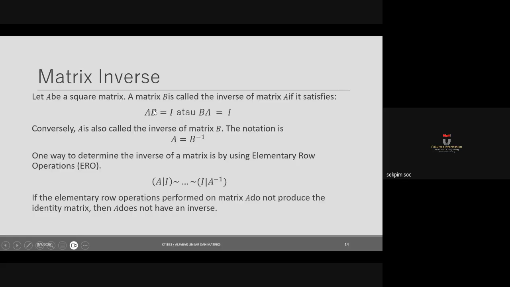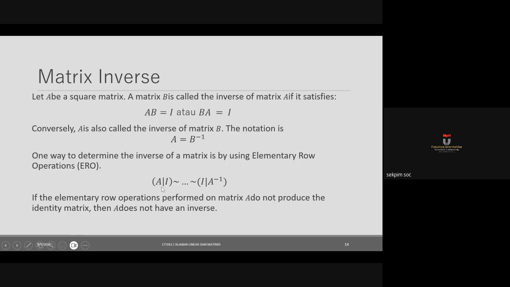A is actually the inverse of B. So if the multiplication of two matrices becomes identity, they are actually inverses of each other.